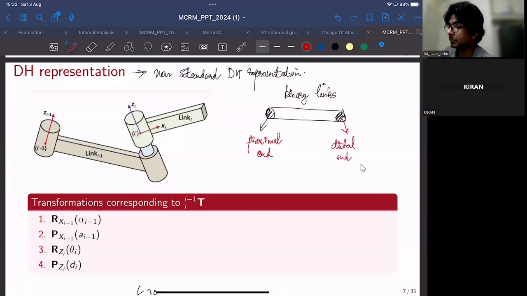We name the end proximal which is nearer to the base or the ground, and we label the end distal which is facing towards the end effector or the tooltip.